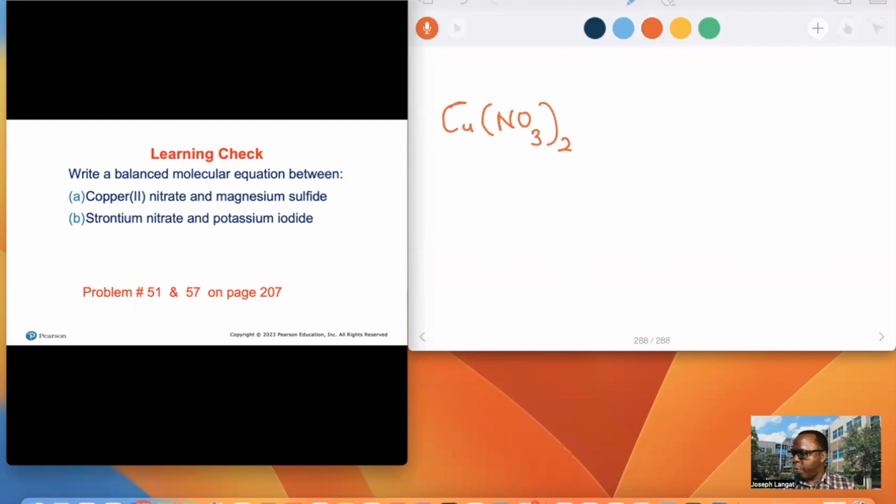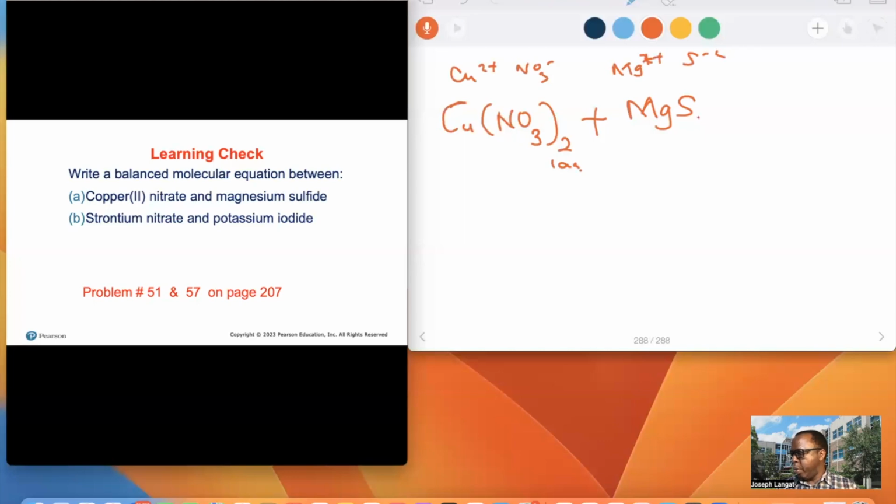That's the formula for copper 2 nitrate reacting with magnesium sulfide, MgS. All right. Remember, magnesium is in group 2, sulfur group 6, so 2-. This is Mg 2+ and S 2-, so it's going to cancel out. Copper 2 positive and nitrate negative. That's how we end up with that.